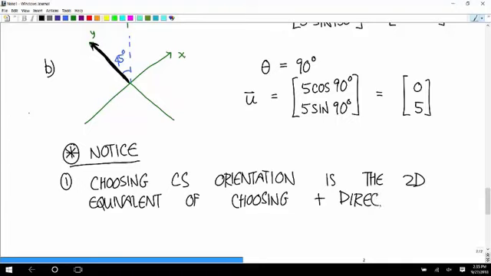Where we used to have to choose the positive direction and then that specified the negative direction, and then we could assign numbers to things, now we have to choose an orientation of the coordinate system.